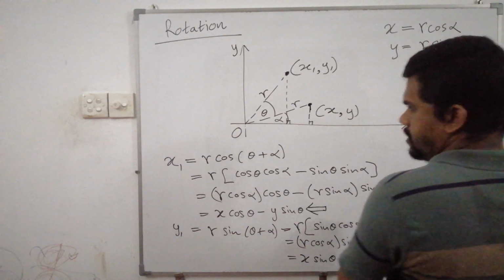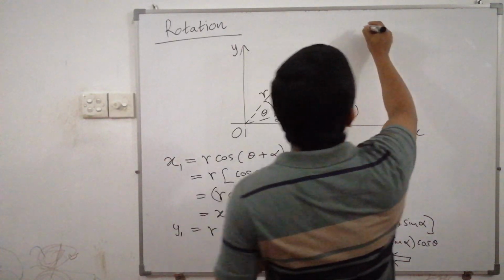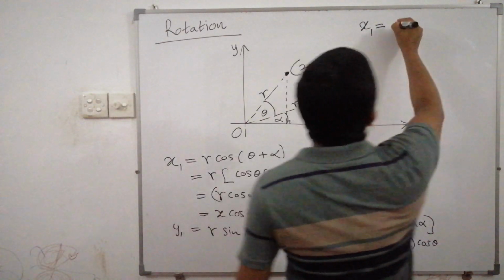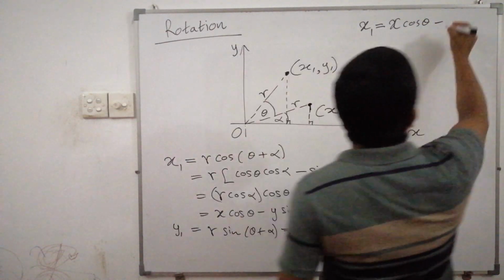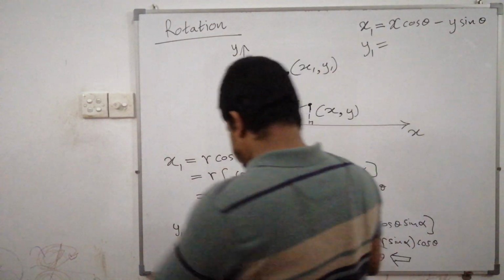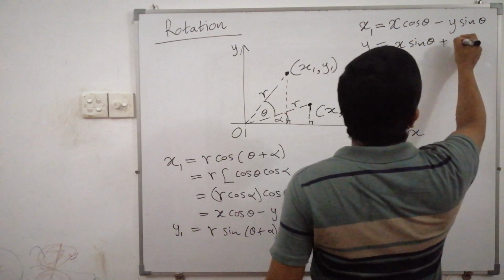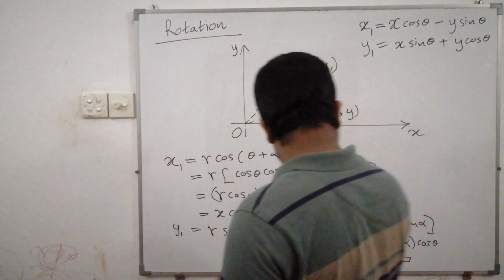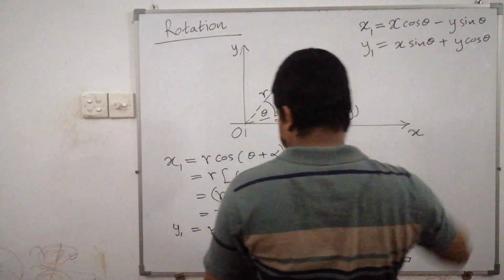Therefore let's write it here. x1 means x cos theta minus y sin theta. y1 means x sin theta plus y cos theta. So now we have derived these two results.